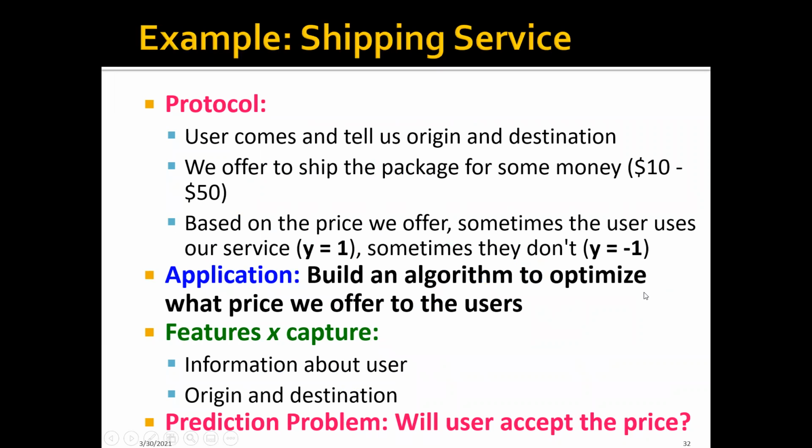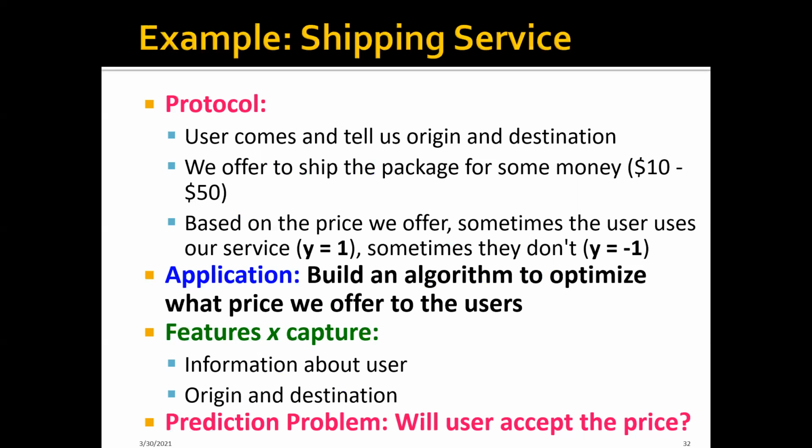Let's look at a real-world example of a shipping service. Let's say that the protocol of this shipping service is that a user comes and tells us the origin and the destination of this shipping, and we will offer to ship the package for some money, for example, from $10 to $50.